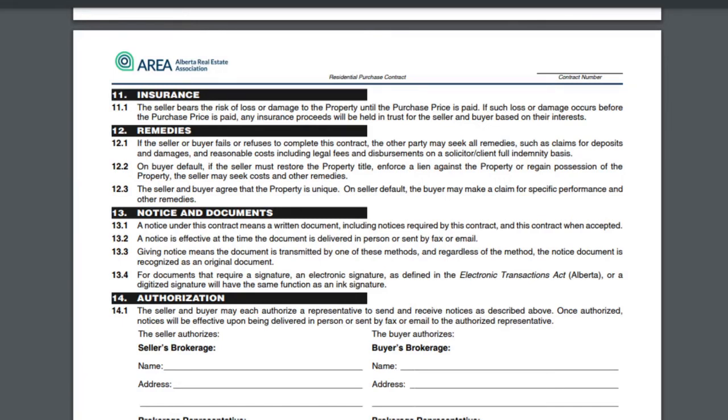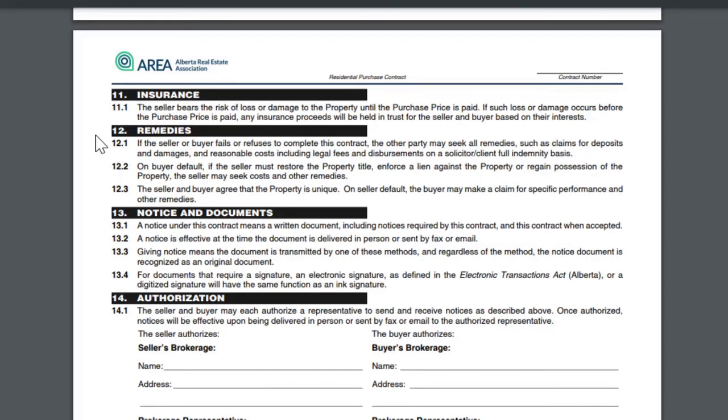Remedies. All right. This is also where lawyers are given instruction. Once this contract is put together, remember this. You have agreed to something, the other parties agreed to something.